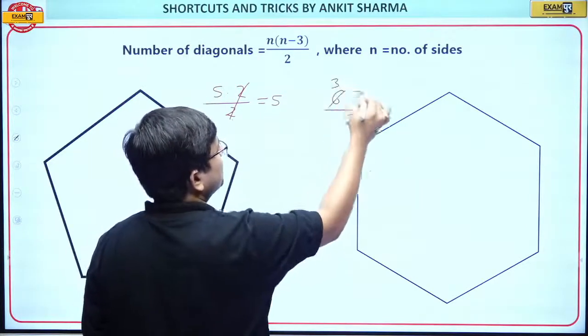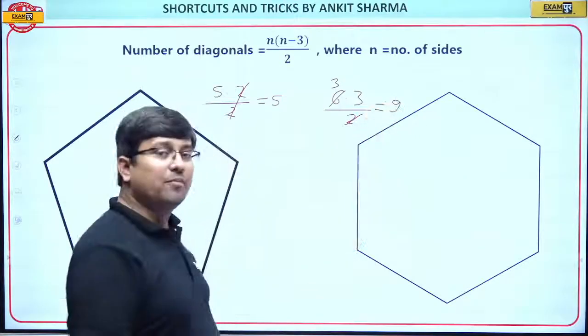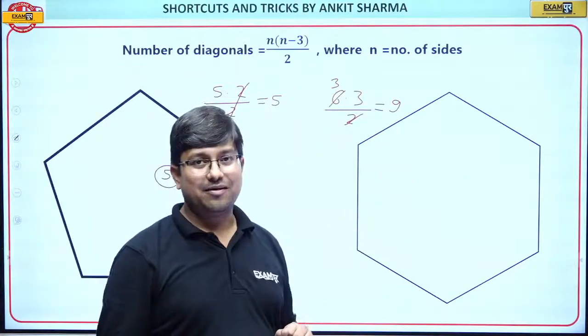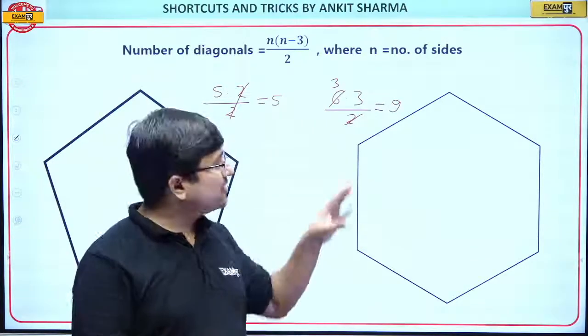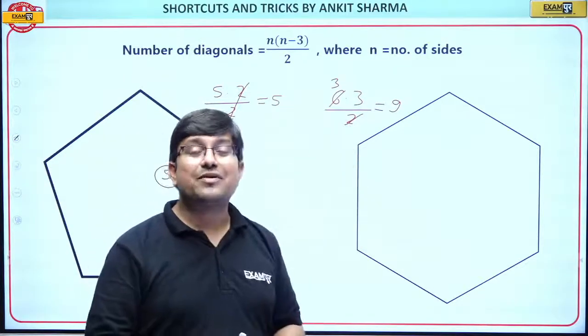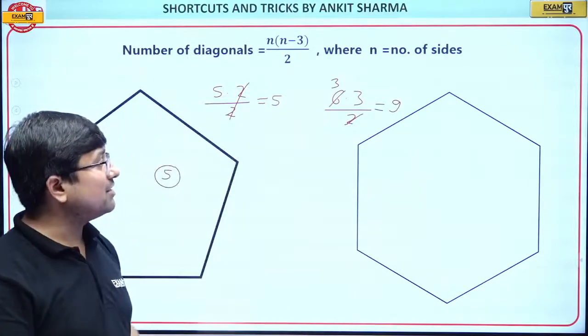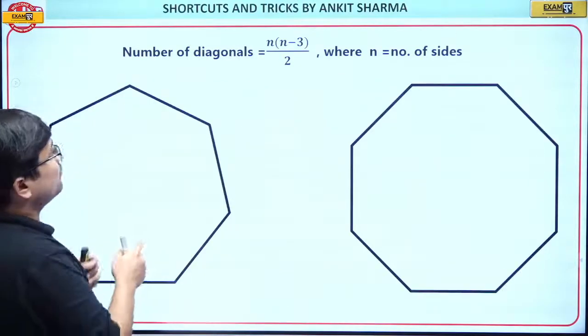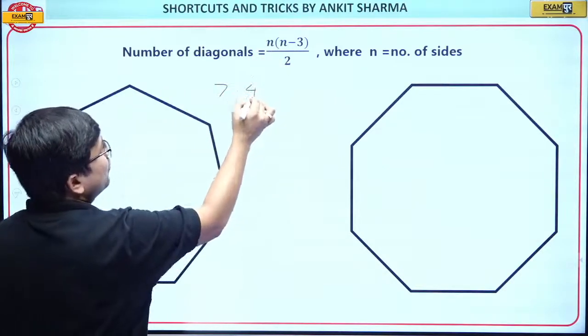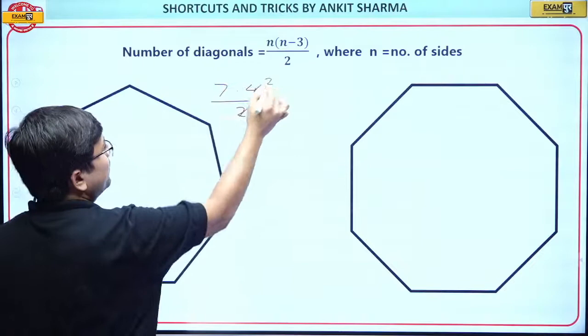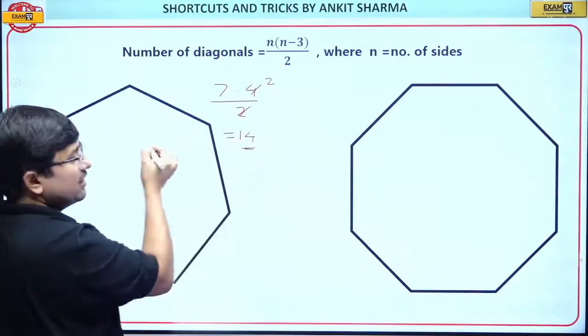The moment you solve it, you will get 9, which is the number of diagonals in a hexagon. I hope this is the quickest method. Now if someone asks you the number of diagonals in a heptagon, you will put 7 over here: 7 into 7 minus 3, 4 upon 2. The moment you solve it, you will get 14 diagonals in a heptagon.